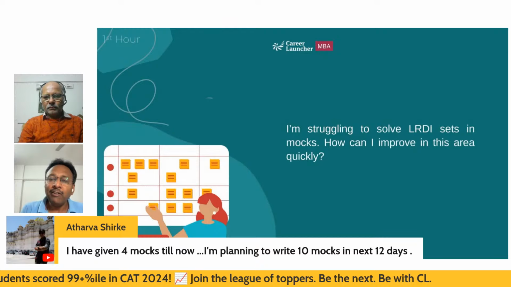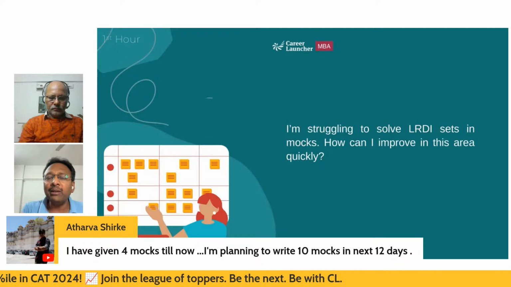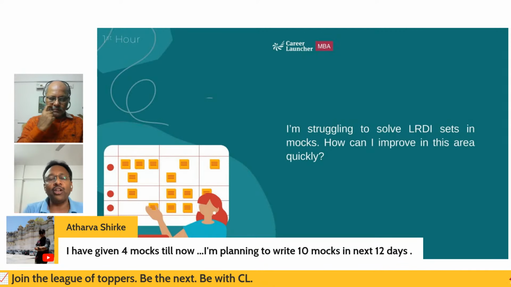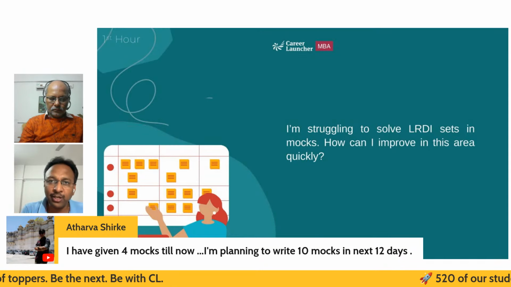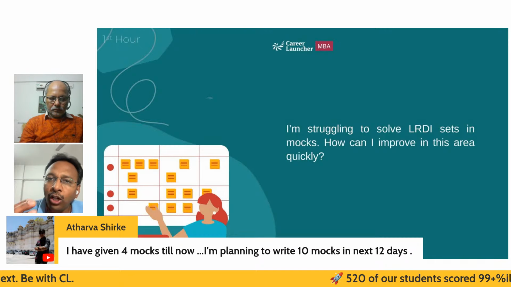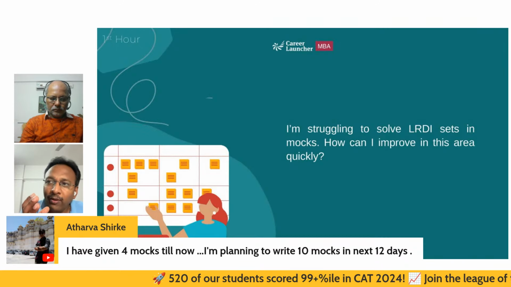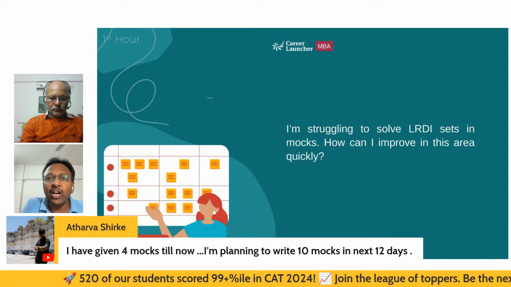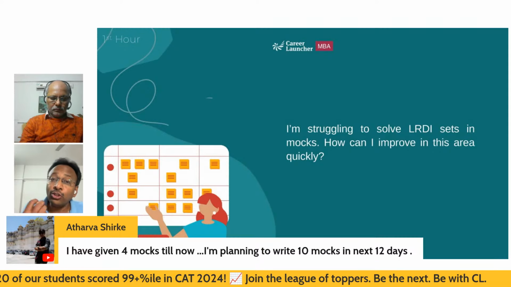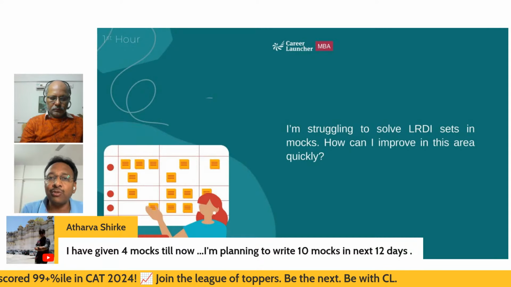When you got them wrong, did you get them wrong because you did not know the concept or because it was a silly mistake? That is one analysis that you make. And second, for all those questions that you missed out, did you miss out because you did not see them, or because your basic strategy was wrong?